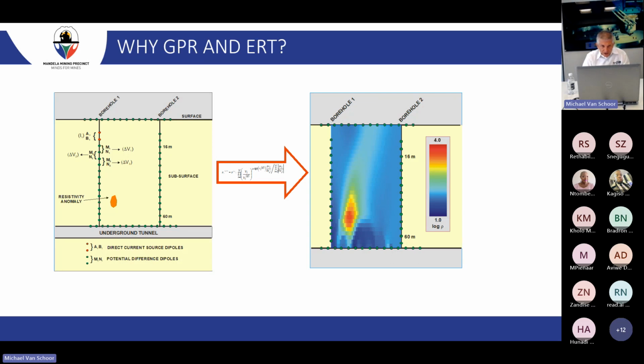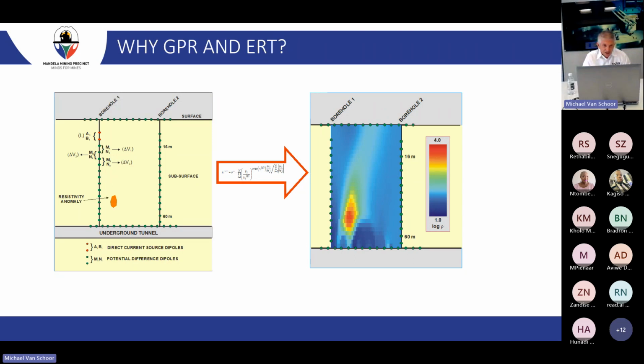Okay, moving on to ERT. ERT stands for electrical resistance tomography. It's essentially a geoscience equivalent of the well-known medical imaging technology. There's a lot of technical detail in this slide, but basically what you do is you have an area that you target and you place galvanic electrodes around your area of interest.